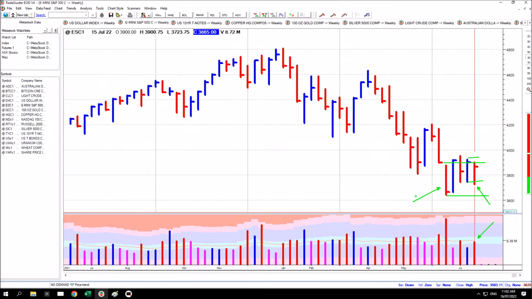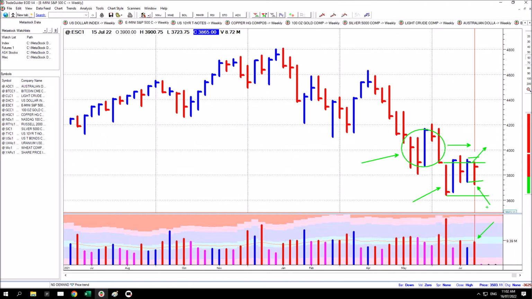Strength is being built up within this range at the moment. I'm expecting there to be increased supply drawn out of this area just above. So if and when price attempts to break out, I'm expecting it will meet some supply.